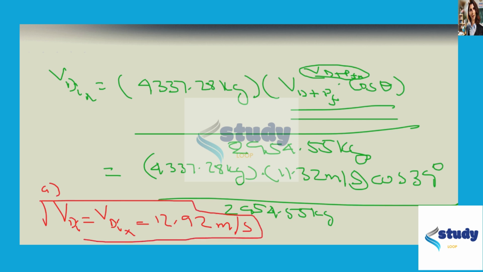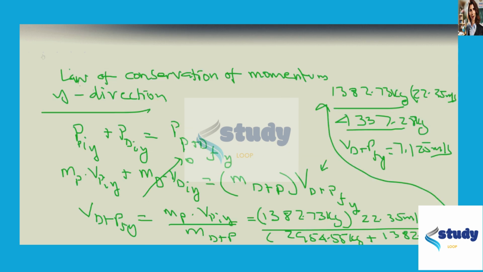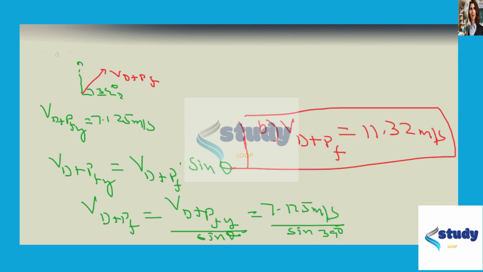Hope you enjoyed the problem. Feel free to send any questions or comments. There were two parts to this problem. The first part was to get the final velocity of the Durango and the Prius. We were able to use the law of conservation of momentum in the y direction and the sine of the angle theta, which is 39 degrees, to get the final velocity.